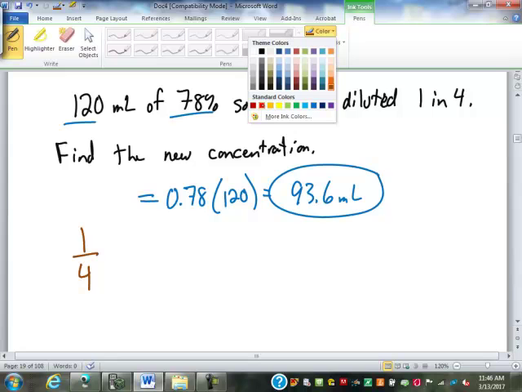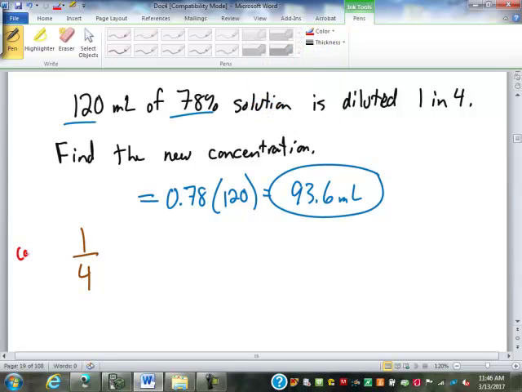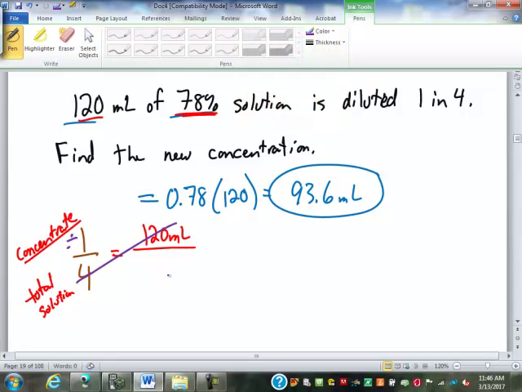Remember, 1 is the concentrate. In other words, that's the amount of the 78%. And the 4 is the total solution again, after it's diluted. So the 78% is 120 milliliters. To find how much we have after the dilution, we cross multiply and divide. 4 times 120 divided by 1 will give us 480 milliliters.